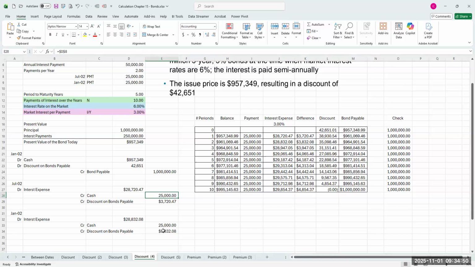Now the question is, how much is our interest expense?